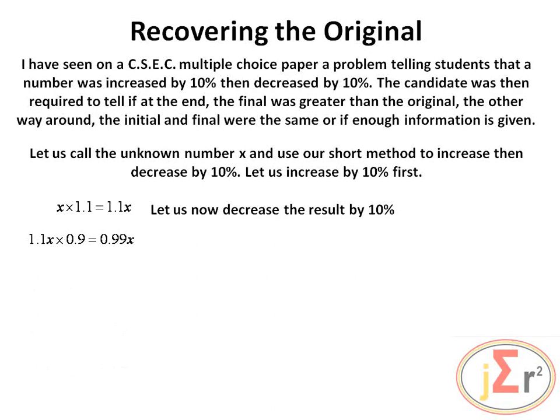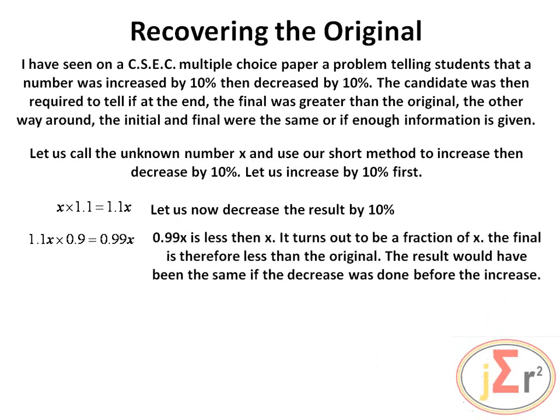So we have 1.1x, and we're going to decrease that by 10%. So 10% off is 0.9, or 90%. When we multiply 1.1x by 0.9, we get 0.99x.